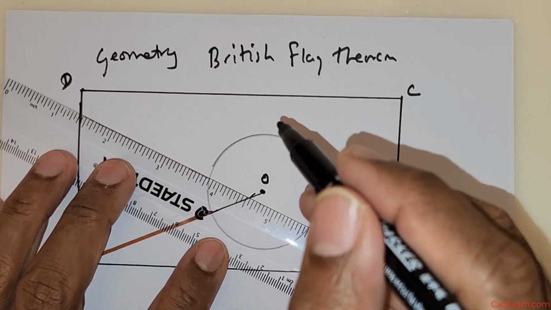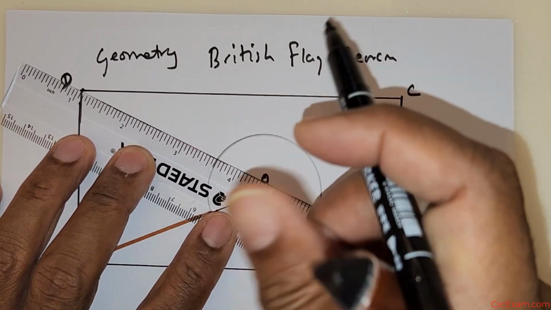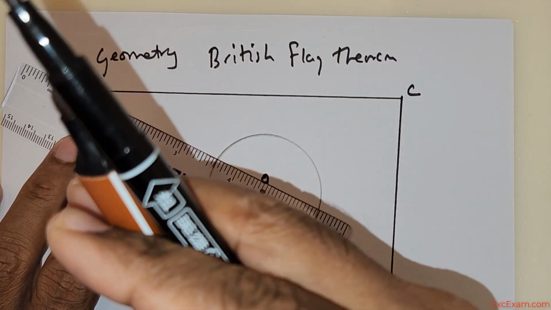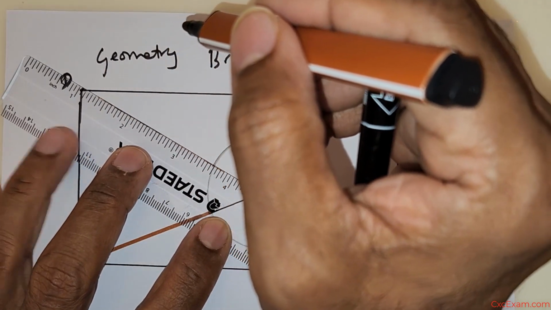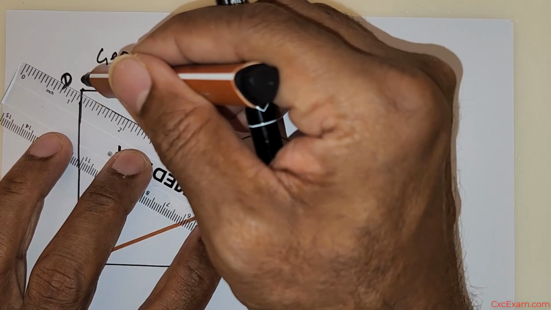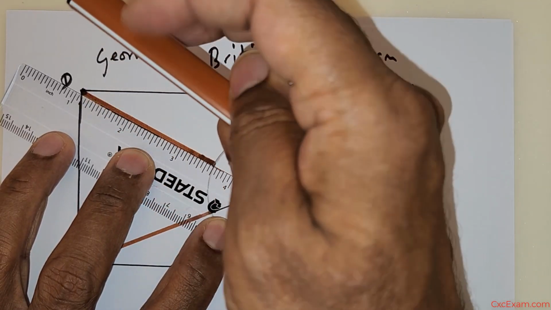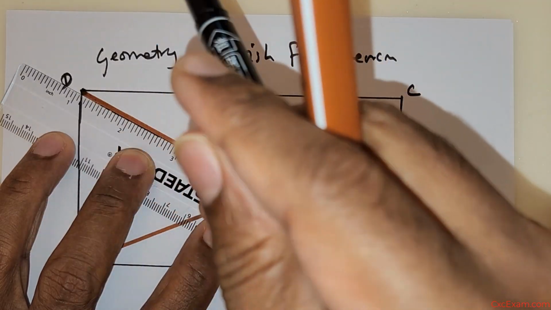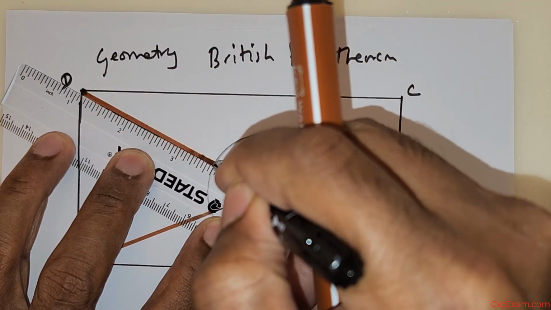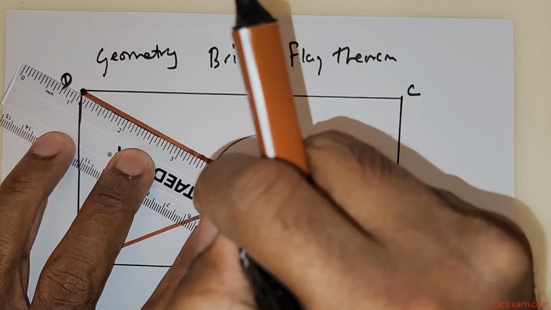And similarly from D, we have a connectivity to the center, and similarly let me connect it with a black line.